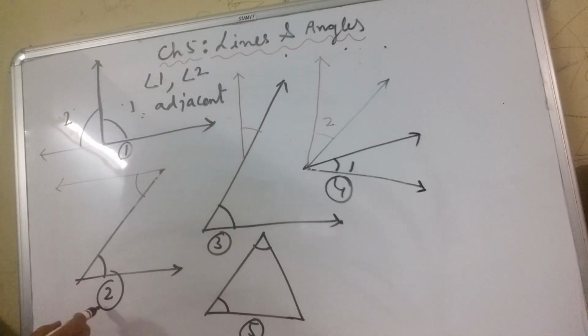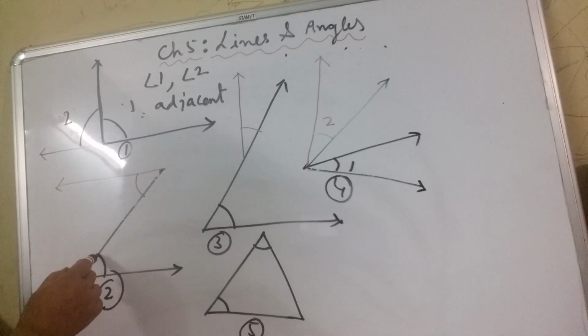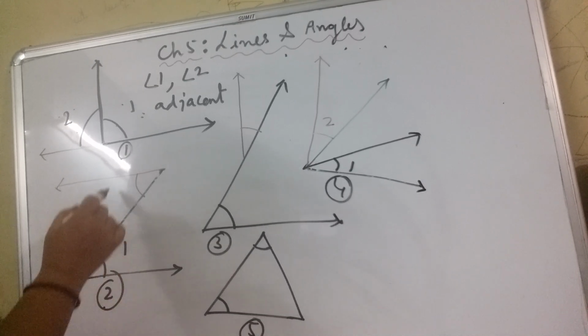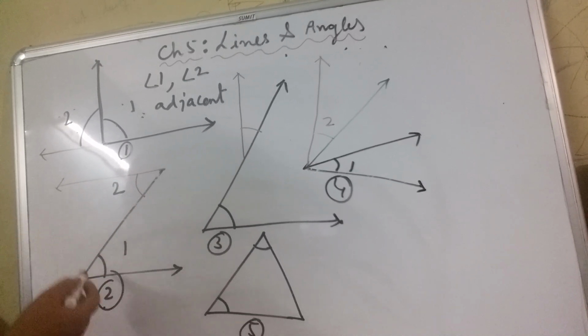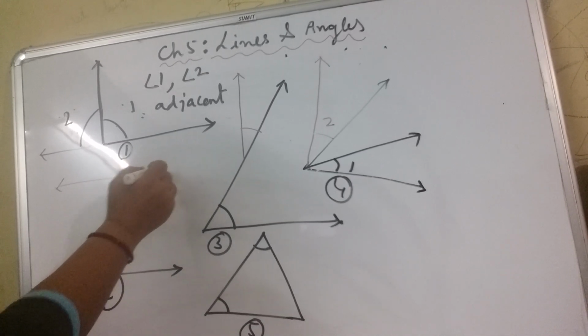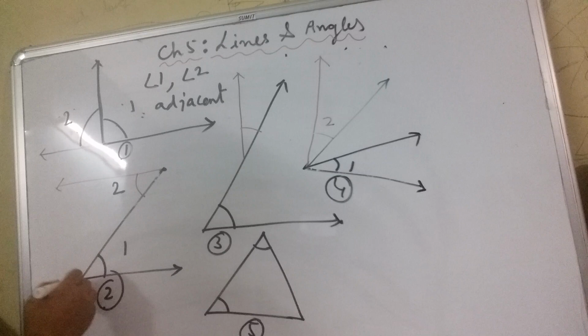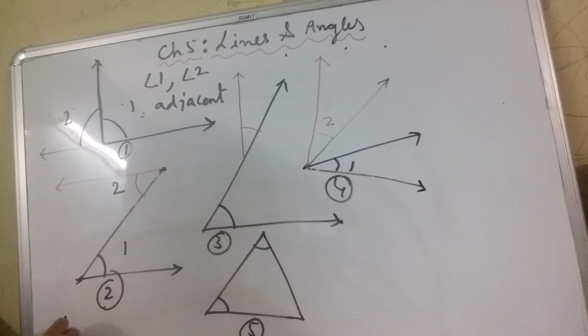Now consider diagram 2. Angle 1 and angle 2 do not have a common vertex, so they are not adjacent.